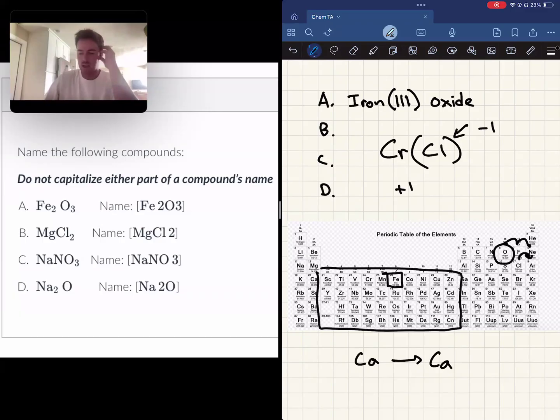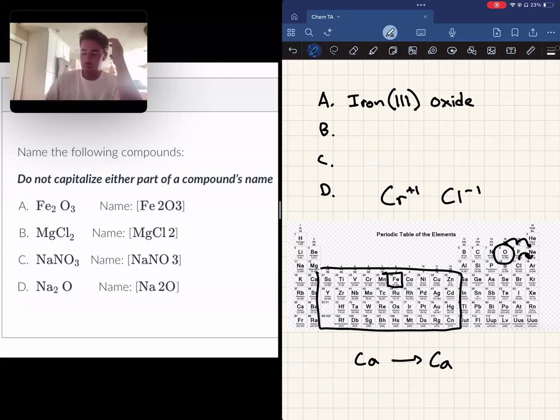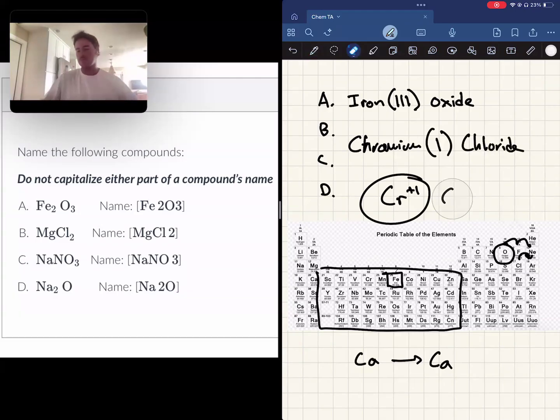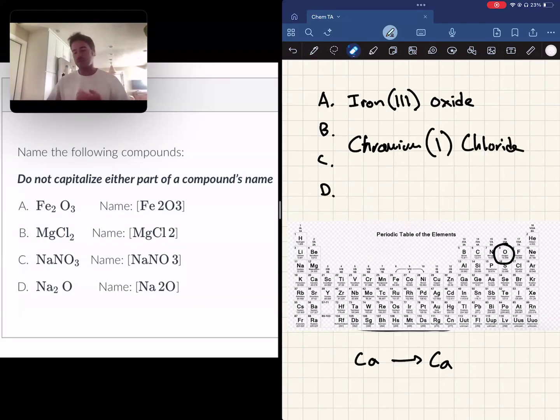So you'd have chromium +1, Cl -1. That would be the parts of the ion. And then if we were to name this, you put the first one first, chromium, and then the charge in parentheses, 1, chloride. Okay. So that's when we're naming transition metal compounds.